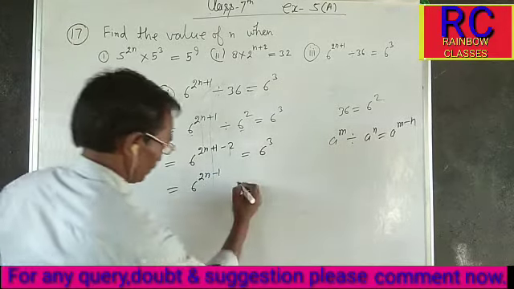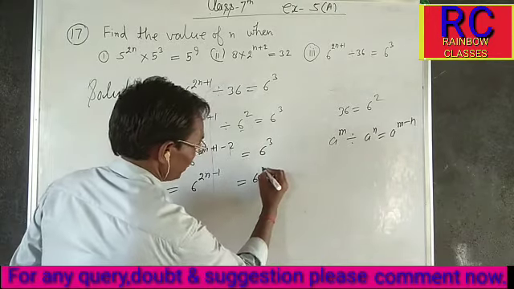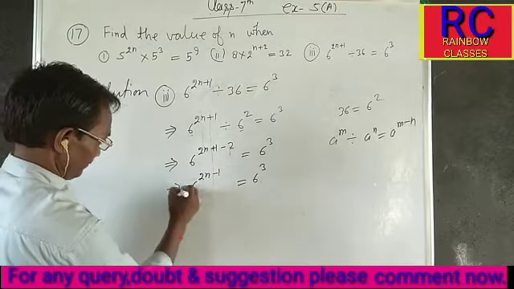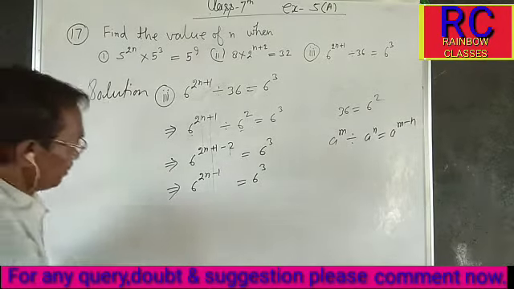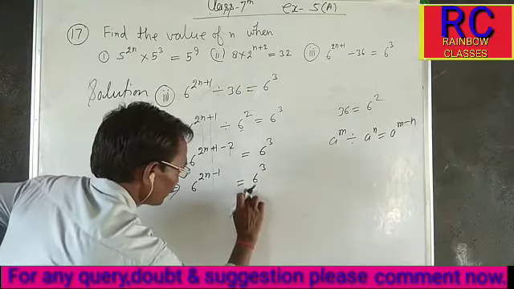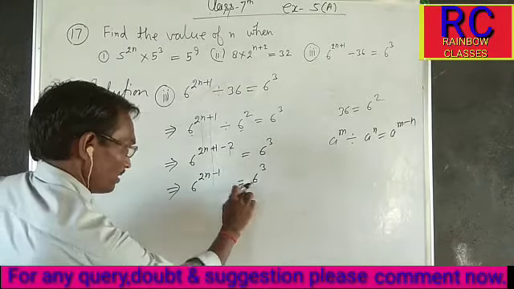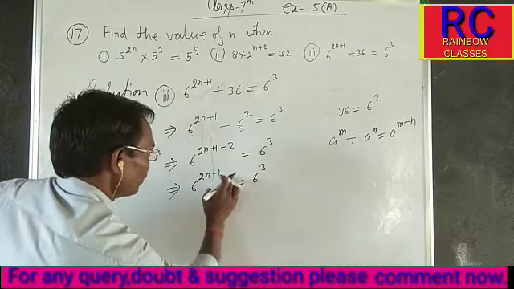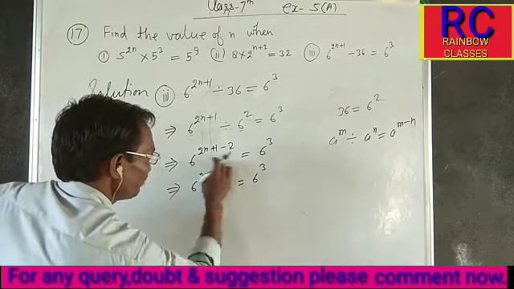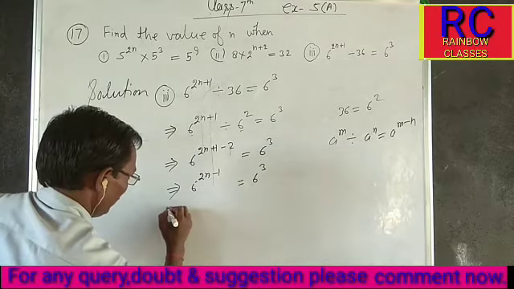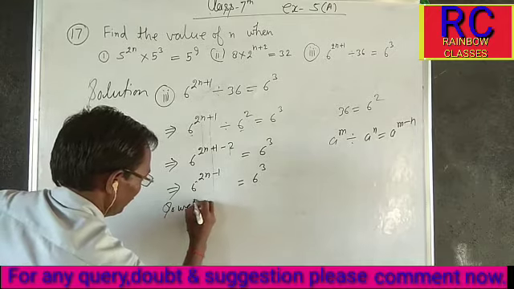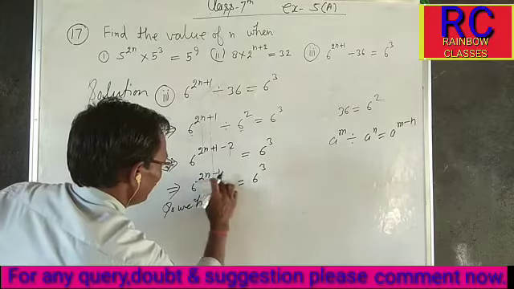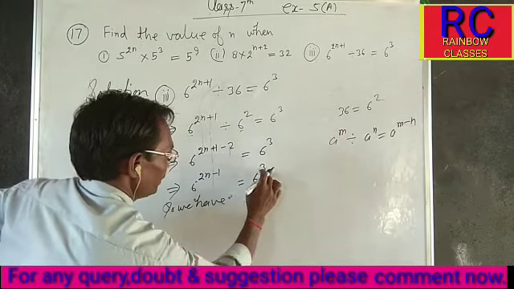6 to the power 2n minus 1 is equal to 6 cubed. Both numbers are equal and their bases 6 are equal, so the exponents are equal. 2n minus 1 equal to 3.